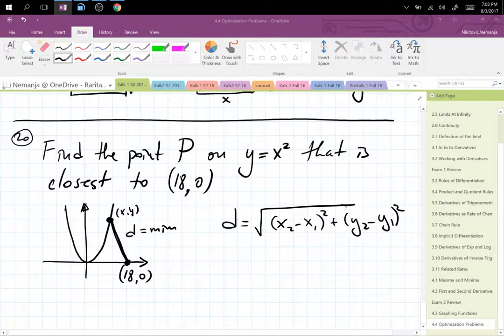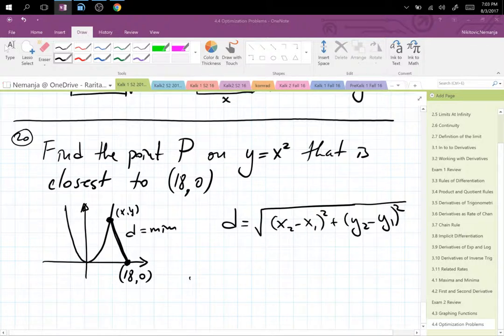Very good. So we have a distance formula, and we want that to be minimum. Look what you have. Your point number 1, which is the one that you're looking for, is x comma y. Your point number 2 is 18, 0.